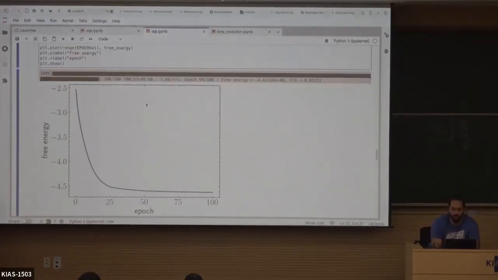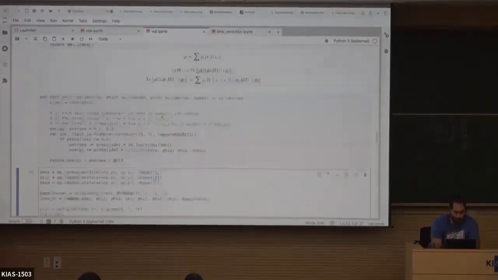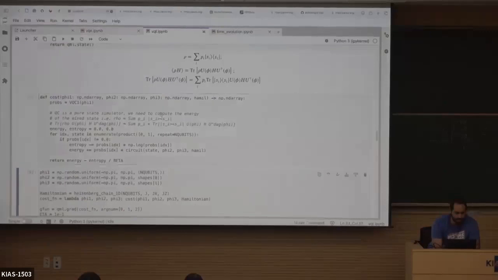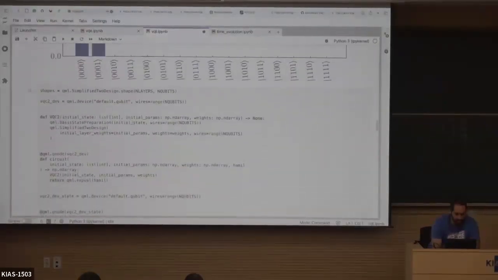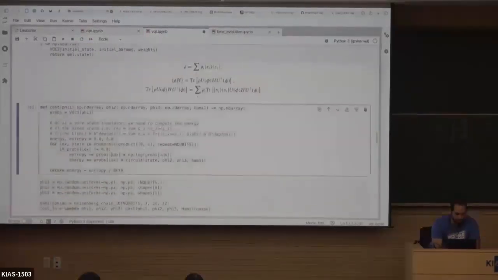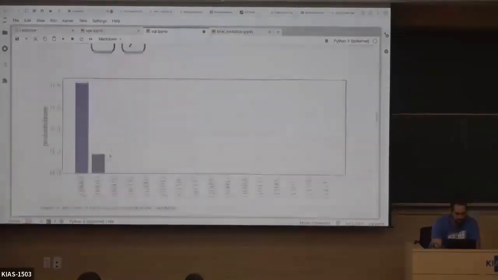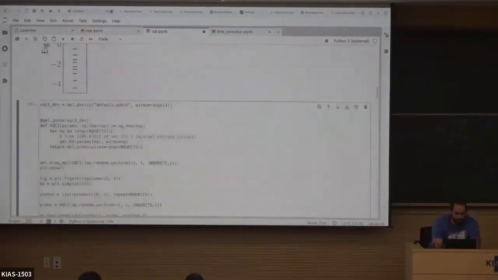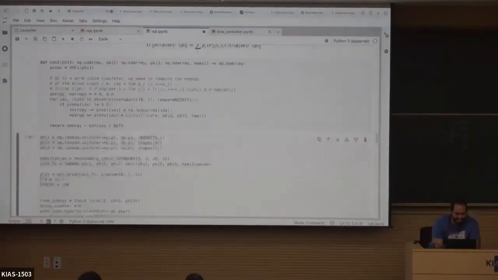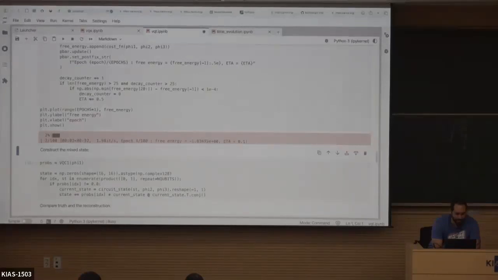Please run it because it will probably take a while. Let me try. Oh, it crashed immediately. Of course, you have to run everything else before. Great, it's running. Oh, it's actually fast.